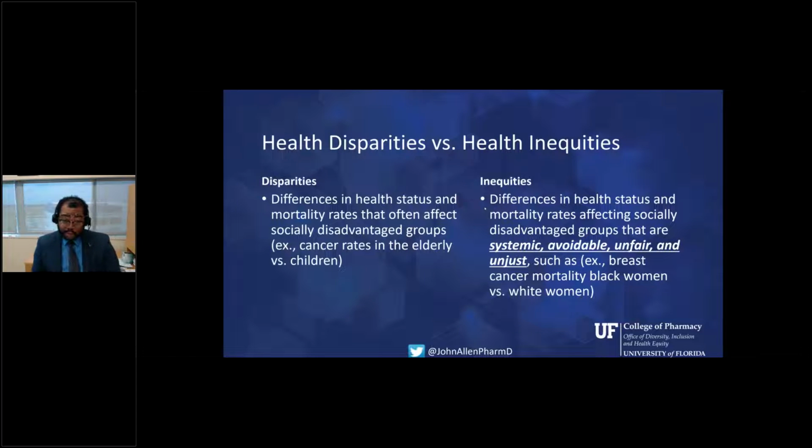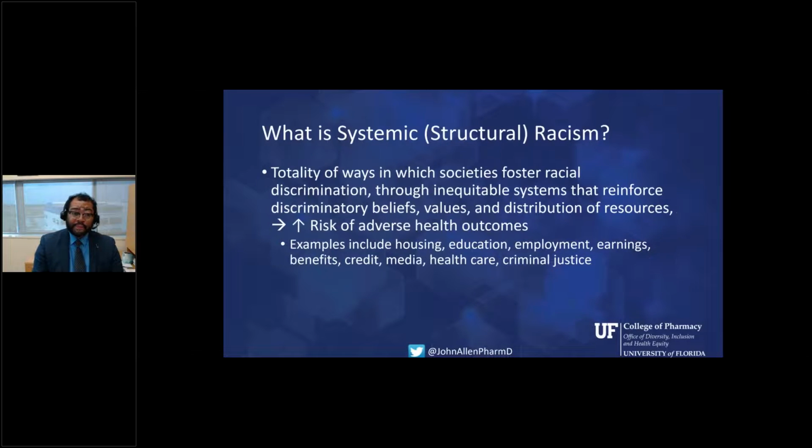For example, when we talk about breast cancer mortality, comparing Black women versus white women, largely those differences in outcomes are rooted in social and structural inequalities that contribute to health.